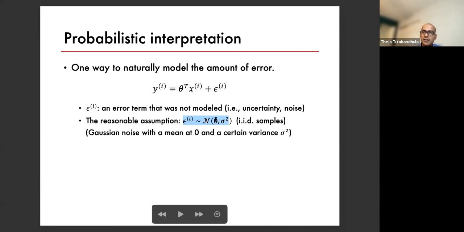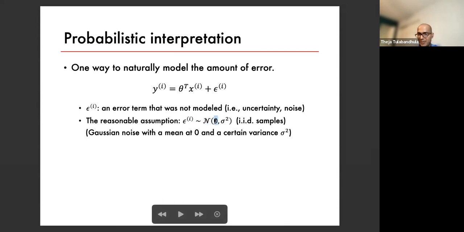Normal distributions generally have 2 parameters. Since epsilon is a number, a scalar quantity, we're talking about a univariate distribution, so it's only a distribution in 1 dimension. This normal distribution has 2 parameters that define the distribution, the density function, for example.